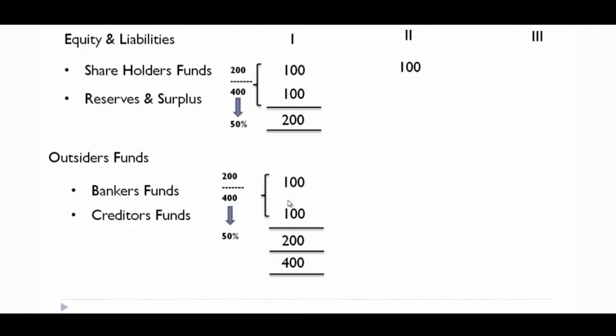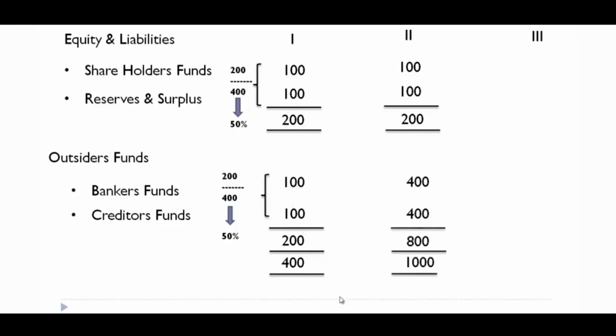Now we'll take case 2. Here the shareholder funds are 100, reserves and surplus is 100, so the total shareholder funds are 200, and the banker funds are 400, creditor funds are 400, and total outside funds are 800. And now we have the total liability, which is 200 plus 800, which is 1000.